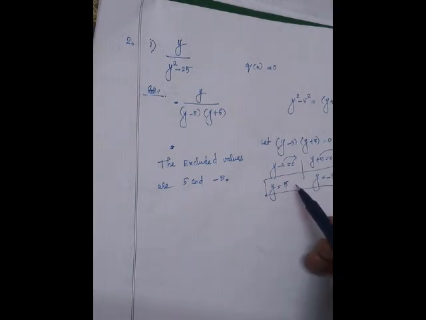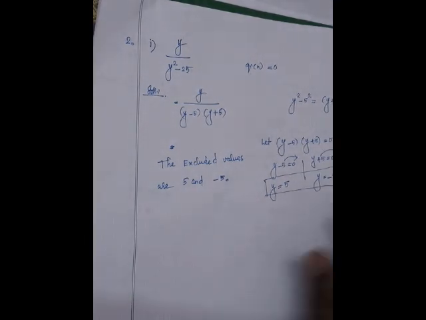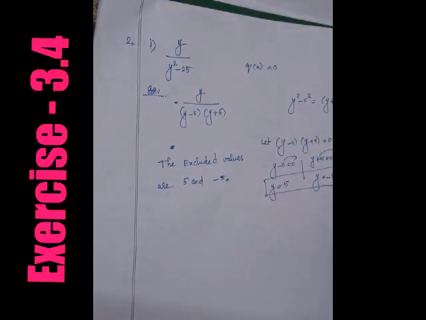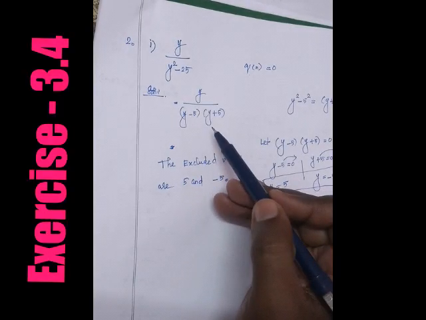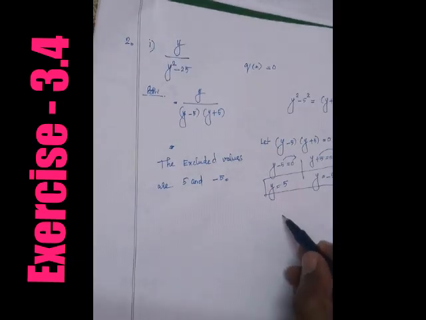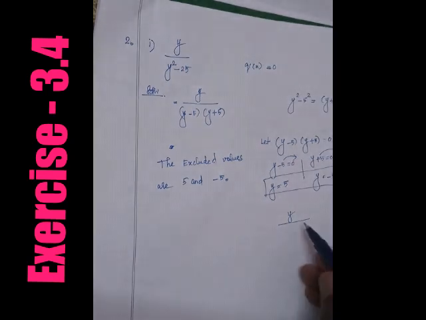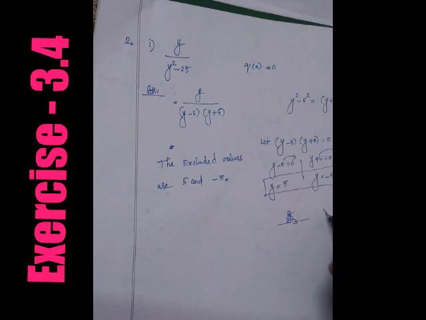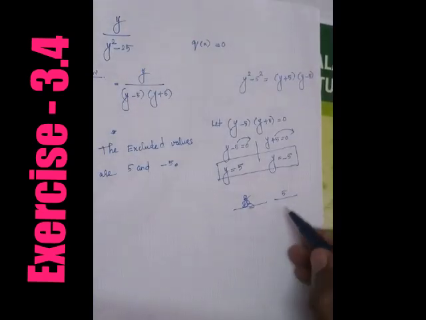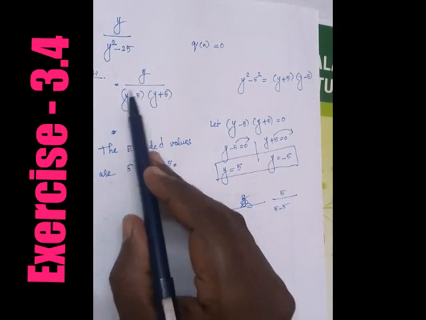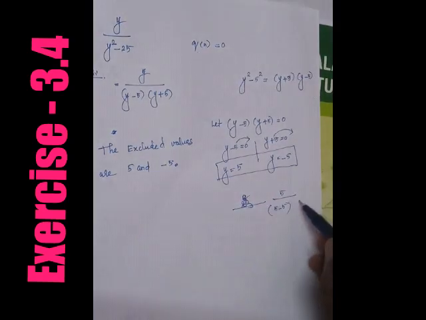How do you say that 5 and minus 5 are excluded? If you replace y by 5 or minus 5, the denominator will be 0. Just substitute 5 instead of y. So 5 divided by 5 minus 5 times 5 plus 5.